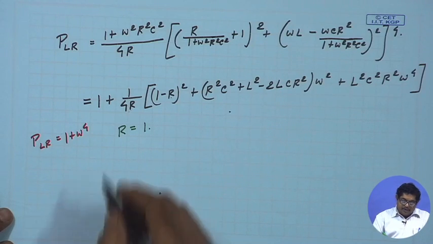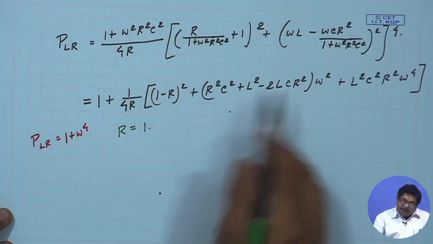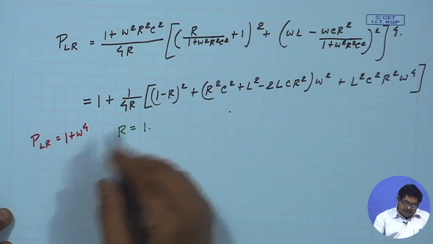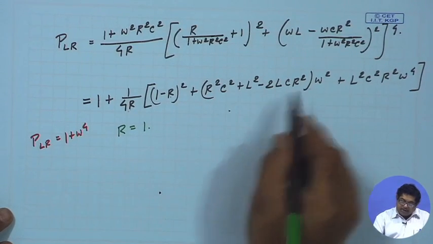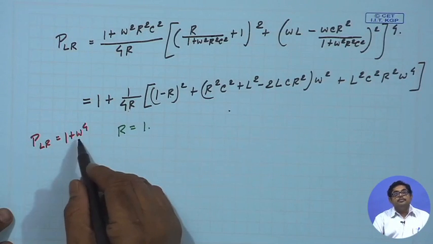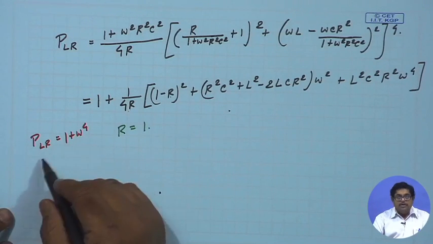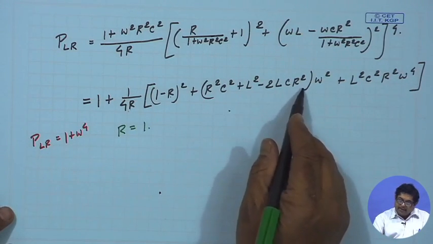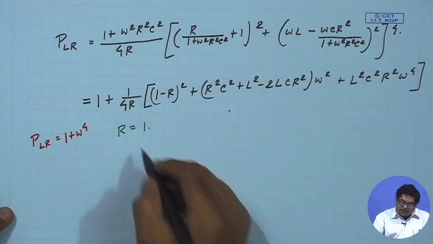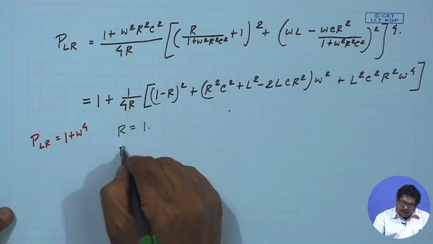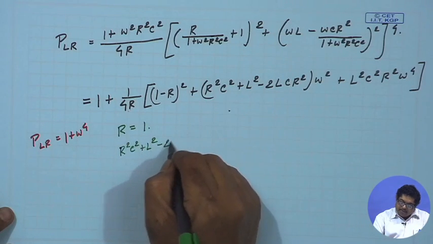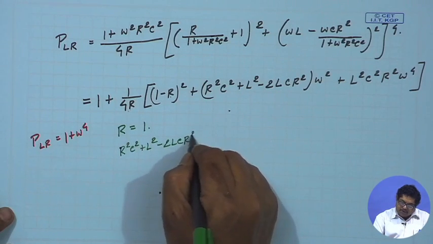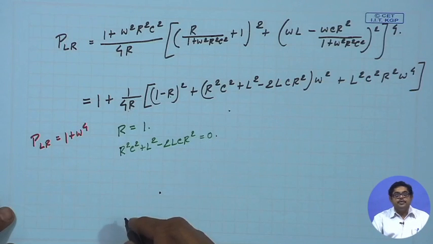Then if I compare the omega square terms, this also will go to 0, because in our Butterworth expression we do not have an omega square term. So I should get r square c square plus L square minus 2Lc r square is equal to 0.